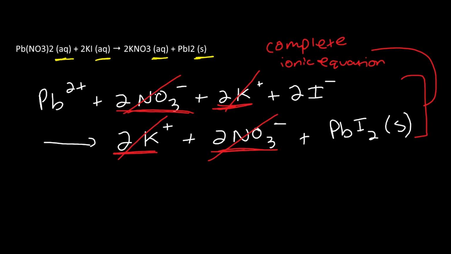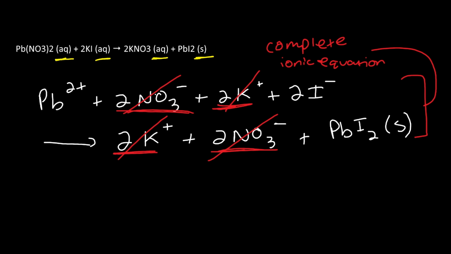So now we can write out our net ionic equation. And when you're writing out the net ionic equation, it's important to write out the states of our products.